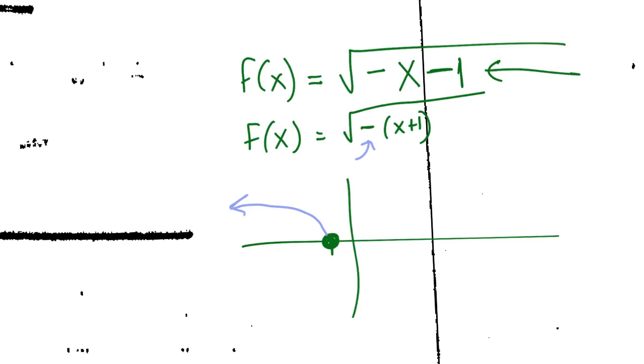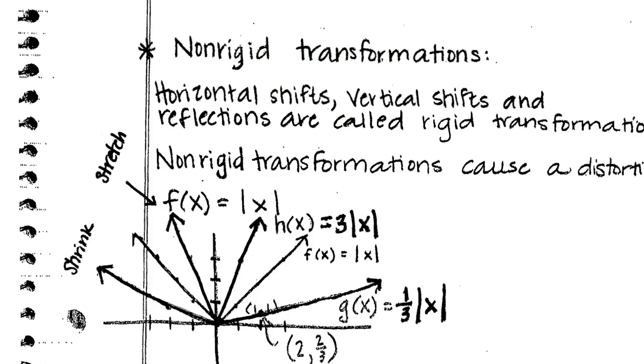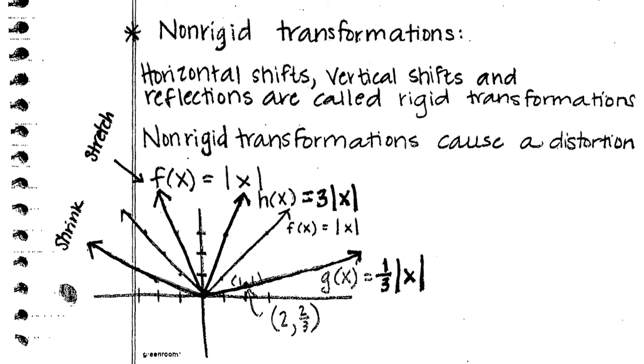How'd I do? The next thing that we're going to talk about is called non-rigid transformations, and this is talking about shifts. Now, this was really great in my notes when it was color-coded, but it is no longer color-coded. Okay? Horizontal shifts go left and right. Vertical shifts go up and down, but now we have these when we multiply by 3. We've talked about this, so we should understand it, but I'm going to color-code it for you. The square root of x looks like this that I'm drawing in peach.